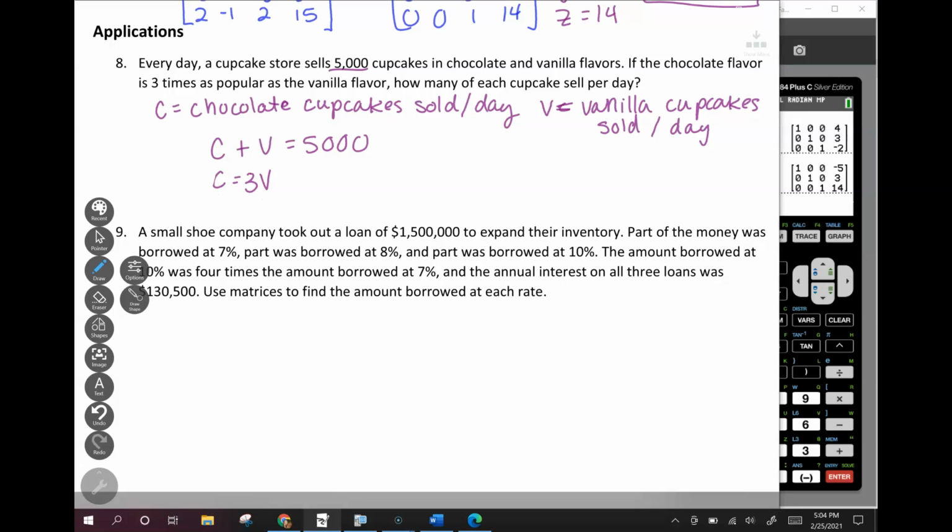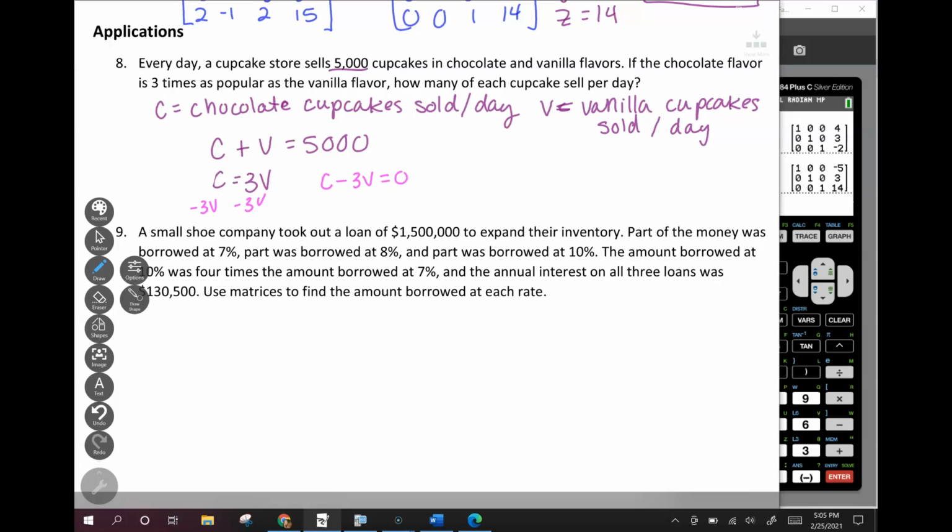All right, so now in order to put this in matrix form so that we can solve it in the calculator, you would want to get this in standard form. So I need to subtract my 3v. Okay, so that gives me chocolate minus 3 vanilla equals 0.